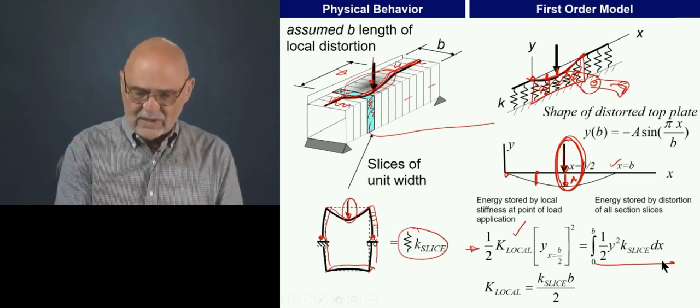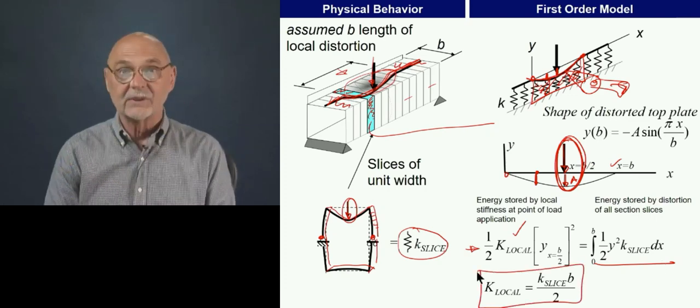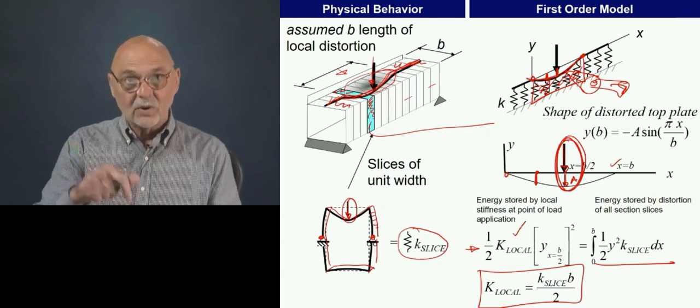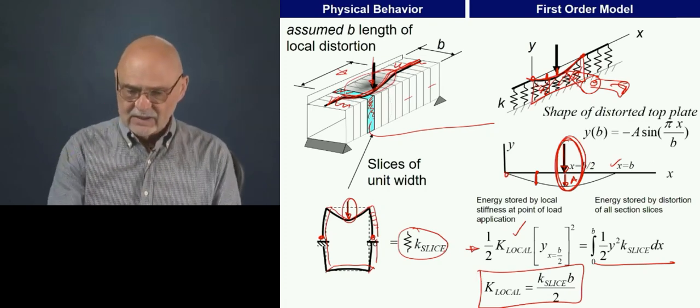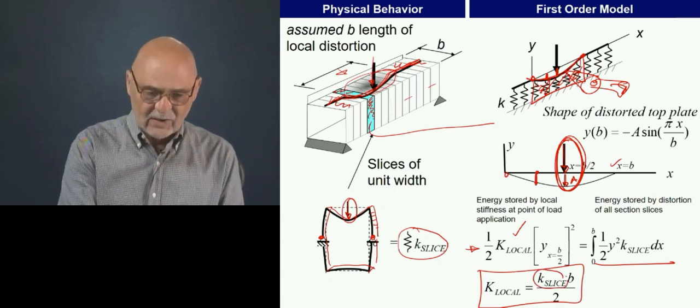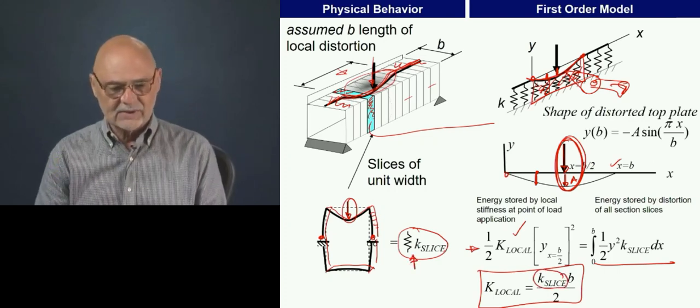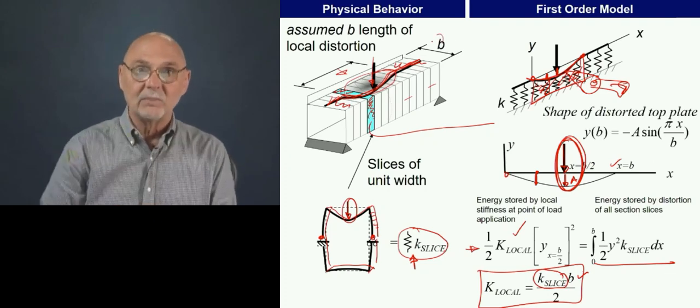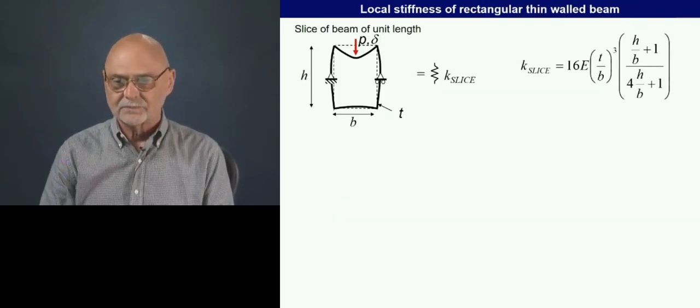And from that we can get an equation for the local stiffness. The local stiffness that we would measure for the whole structure as we push down is given by how stiff each one of these individual slices is, and then it has to do with the width of the plate that we're applying a load to.